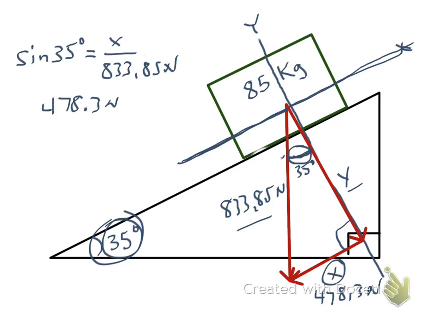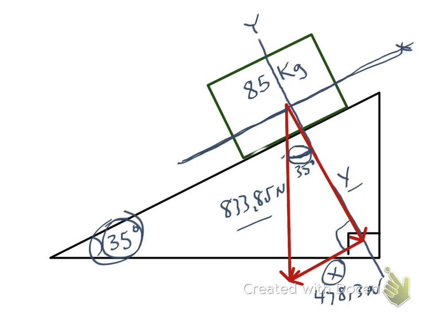To solve for the y, how much of that force of gravity is pushing into the ramp, we would use the cosine, because the y is adjacent to the 35 degrees. So the cosine of 35 equals y over 833.85.